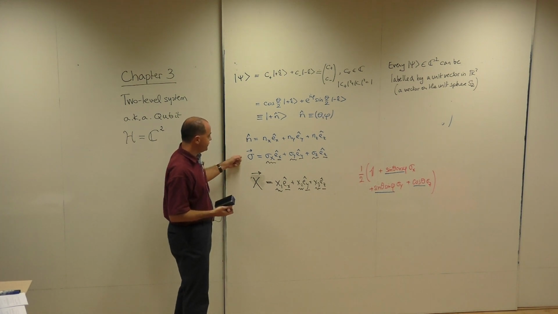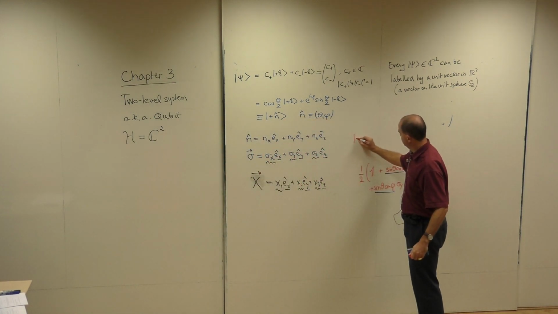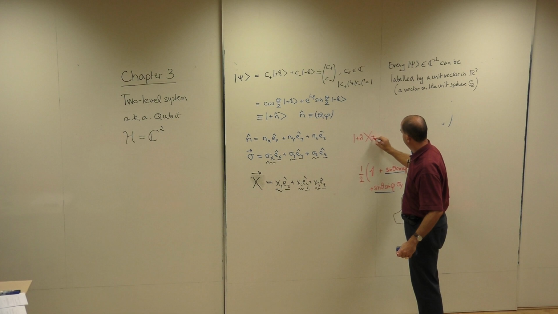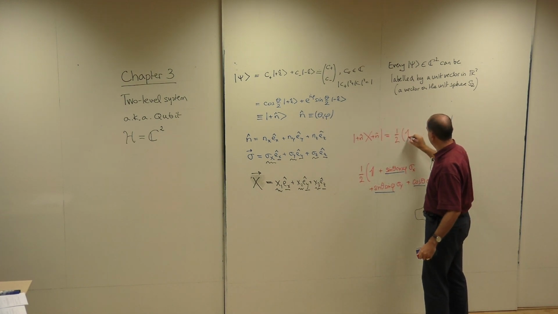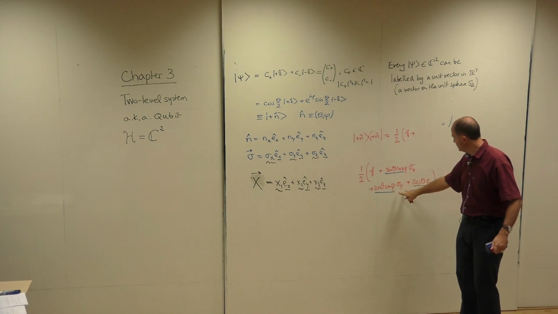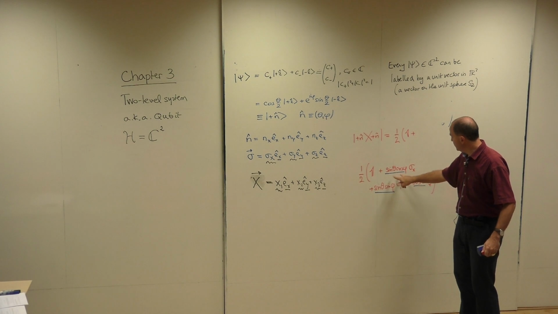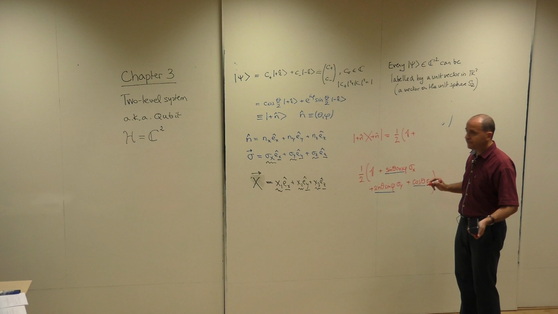So now if I have this notation, I can write this beautiful projector |+n><+n| in a very compact way as 1/2 (1 plus what?). Well, this looks like the scalar product. Forget for a moment that these are matrices. This is like the scalar product between (nx, ny, nz) and (sigma x, sigma y, sigma z), the scalar product in R3.